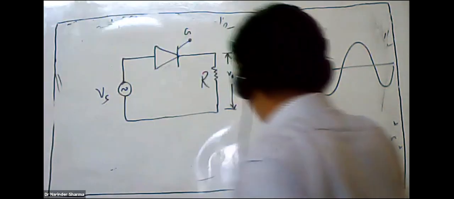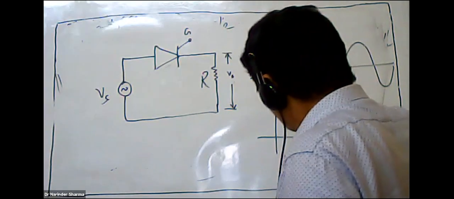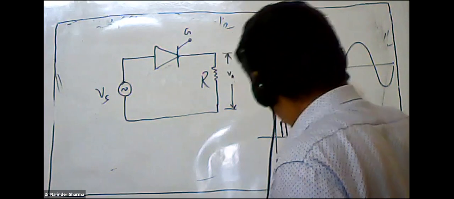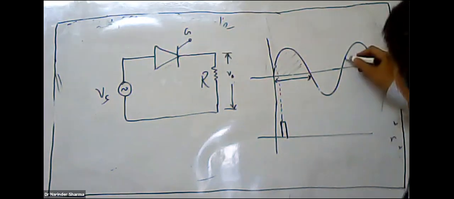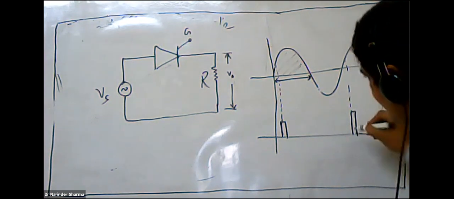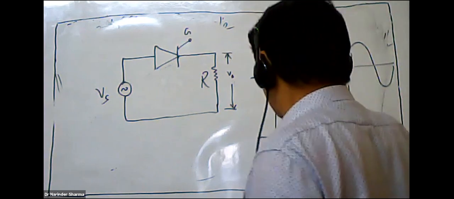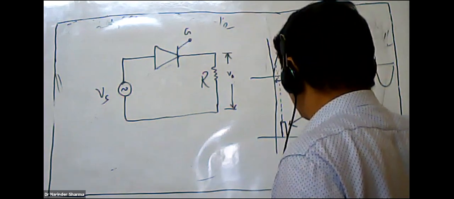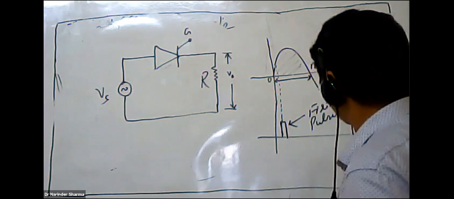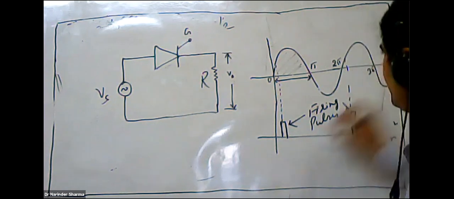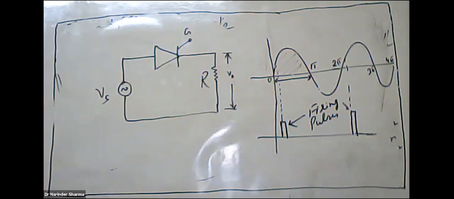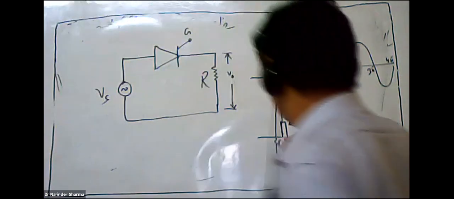When the gate current is higher than the anode current, you can see these are the firing pulses, at 0, pi, 2 pi, 3 pi, 4 pi. So the SCR will only turn on at these pulses.